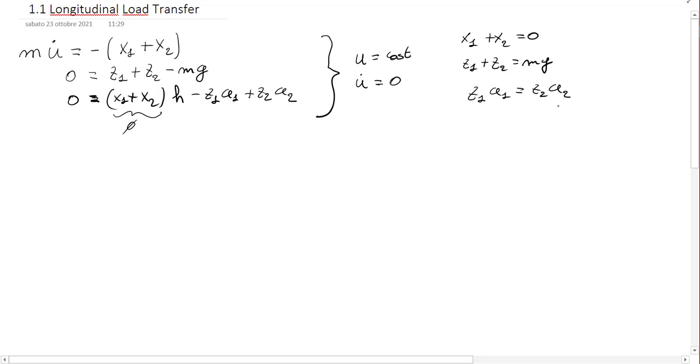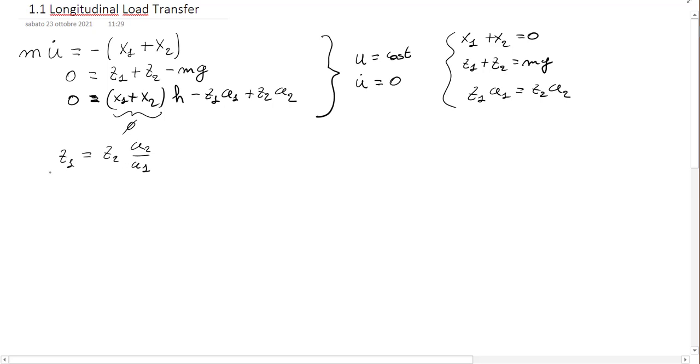Okay, so let's solve now this simple system. From the third equation we know that z1 equals z2 a2 over a1.